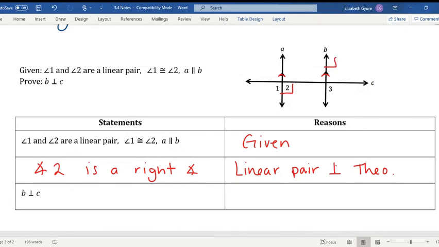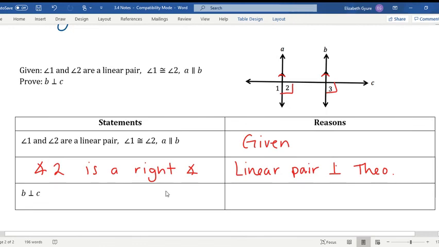Now, could you do this in more steps? Sure, like you could then say that's a right angle, right angles are congruent. You could do a bunch of things with that, but you don't have to. We can just automatically then, if angle 1 is a right angle, then, oh wait, I know what I did wrong. Anyone know what I did wrong?